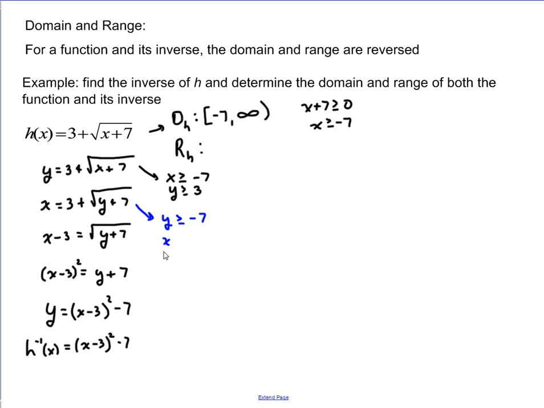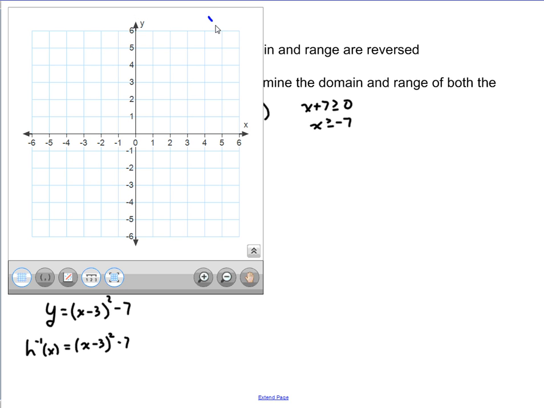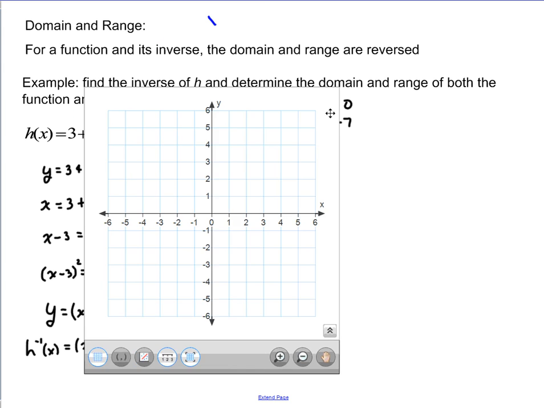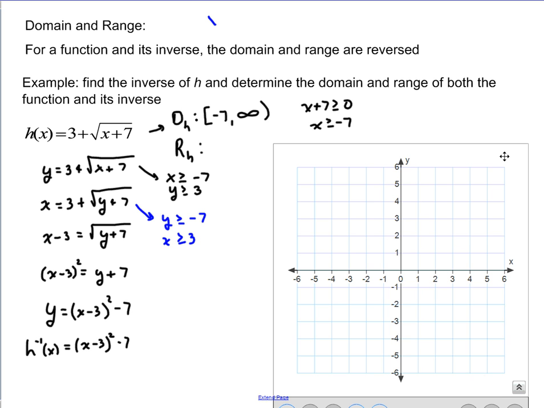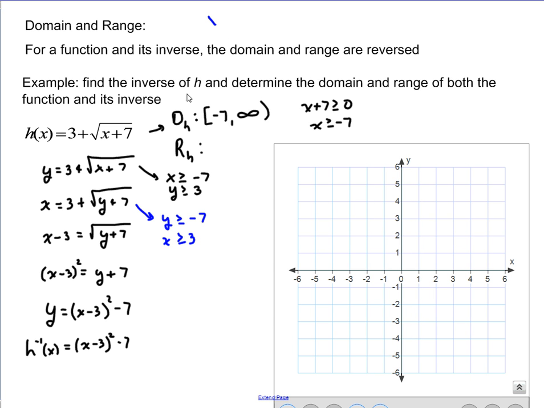In this case, if I look at my function and I were to graph y equals x minus 3 squared minus 7, what would happen? What would happen is that I would get a graph. I'm going to graph this function right here. Let's see if I can do this in some sort of reasonable way.